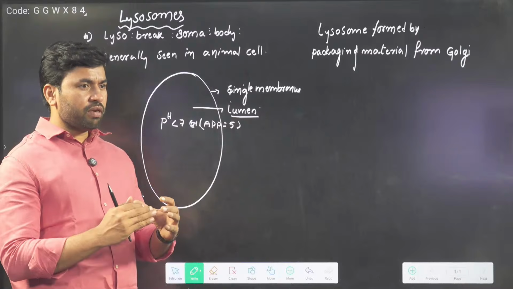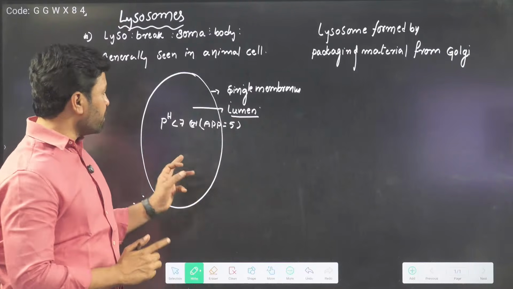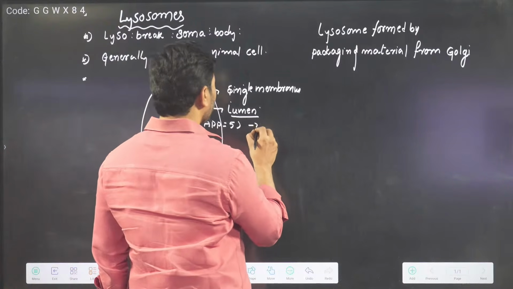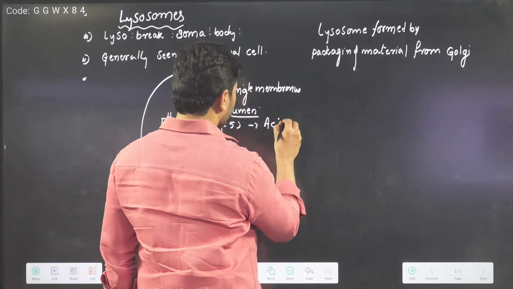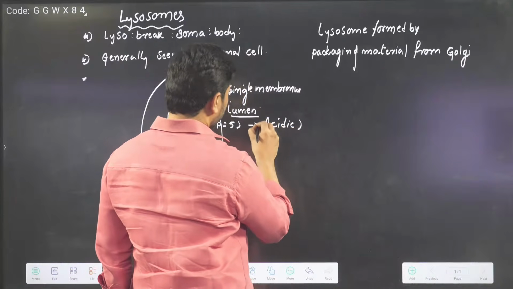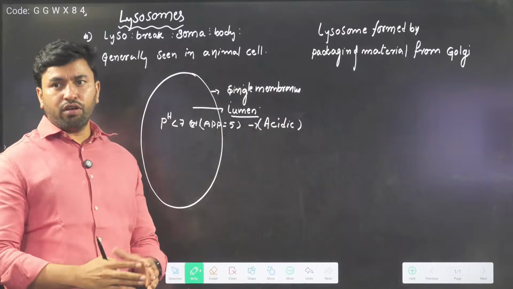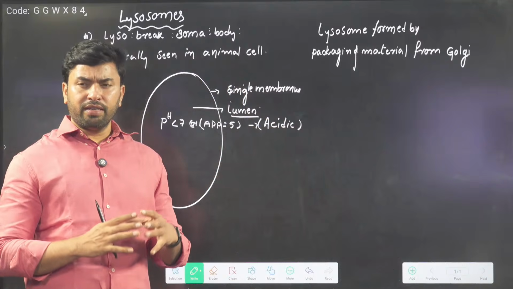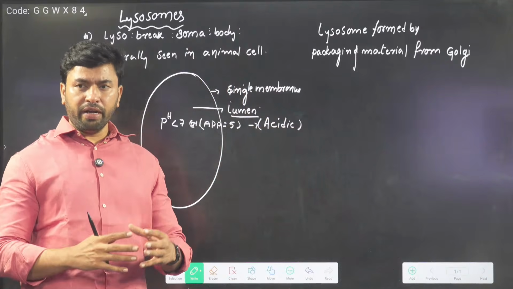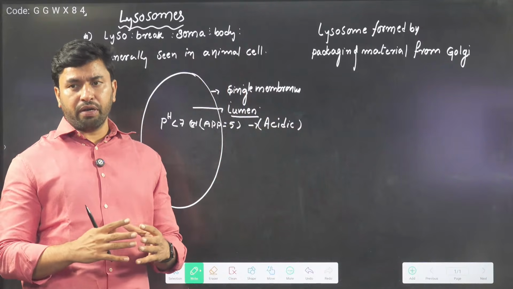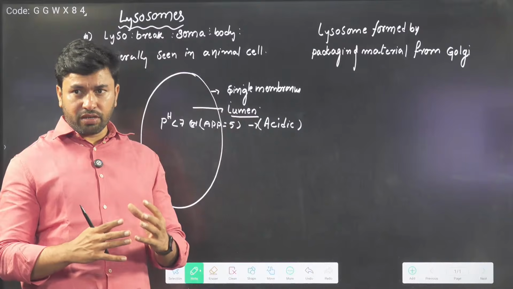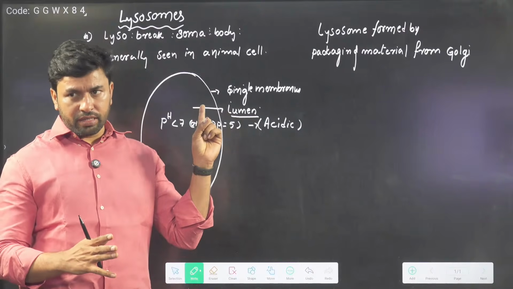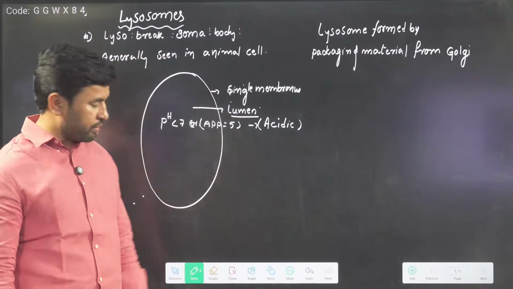The approximate pH of 5 makes the lysosomal lumen acidic. The acidic environment inside the lumen is very essential to maintain the physiological property called cellular or extracellular digestion by these lysosomes. What is this nature?